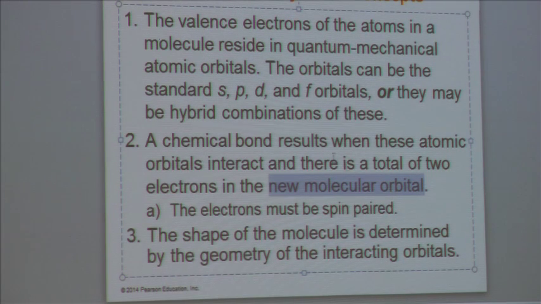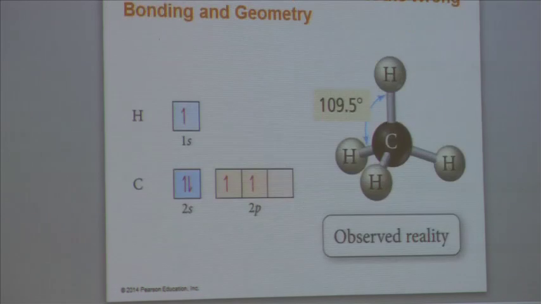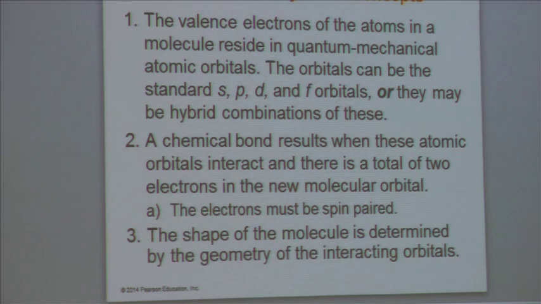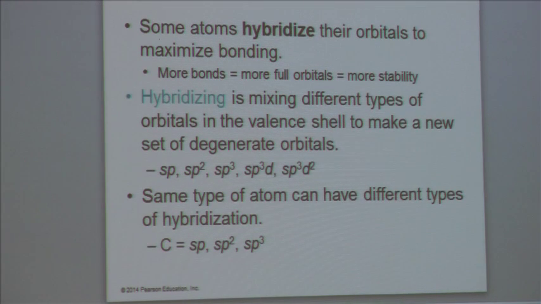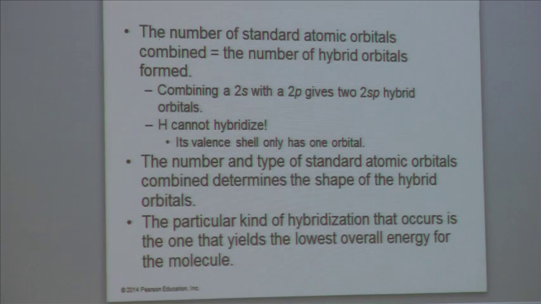So when you combine an s and a p to form the tetrahedron methane, you end up with 1, 2, 3, 4 sp3 hybrid orbitals. Combining 2s with 2p and 2 sp hybrid orbitals, H doesn't hybridize.